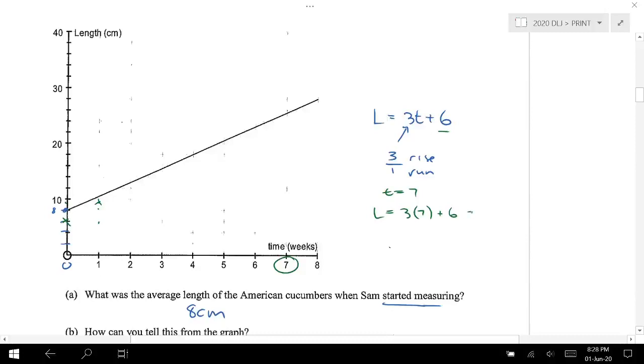So 3 times 7 is 21 plus 6 is 27. So that's going to get us a mark about there, and we'll just draw between there and that point. There we go.